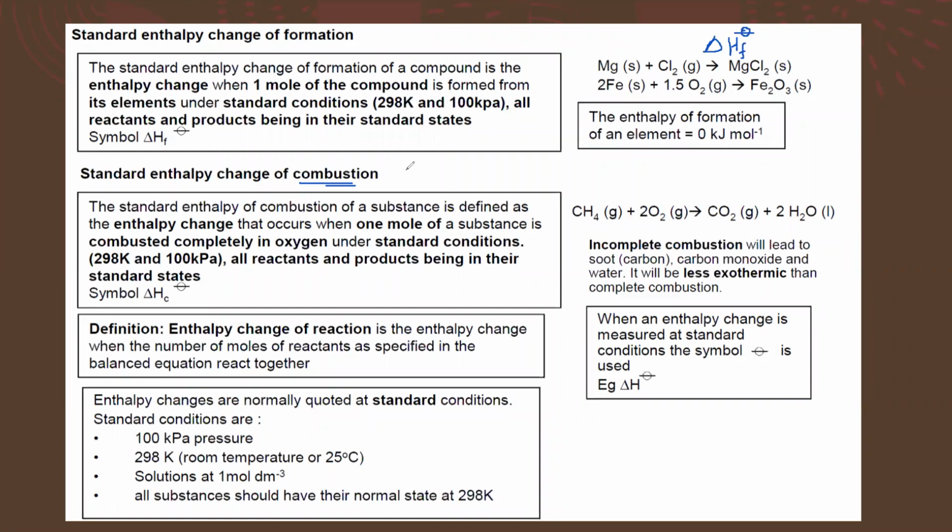When we burn methane, it gives carbon dioxide and water. Under standard condition, when we burn 1 mole of methane, it releases energy, and that energy released we call standard enthalpy change of combustion of methane. So standard enthalpy change of combustion is defined as the enthalpy change that occurs when 1 mole of a substance is burned completely in oxygen under standard condition.